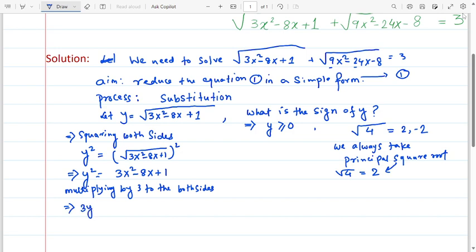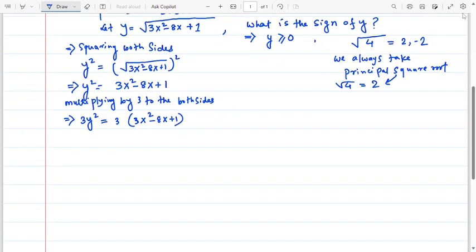Simple. 3y square equal to 3 times 3x square minus 8x plus 1. So now what do we get? We get 3y square equal to 3 times 3x square, it is 9x square minus 24x, 3 times 8 plus 3.